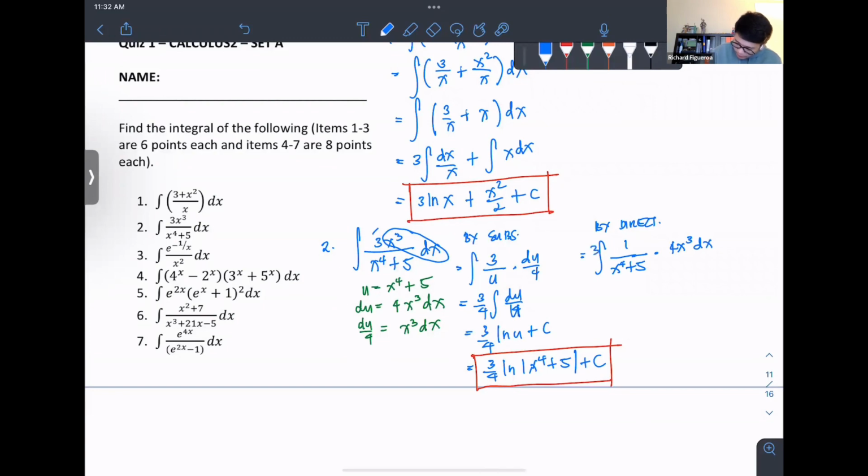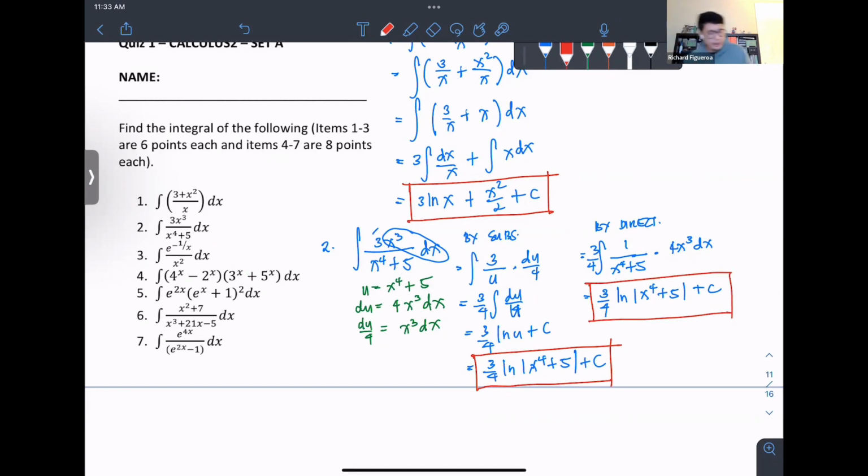We move out 3 because that is constant. Then 1 over x to the 4th plus 5, and its derivative is 4x cubed. Comparing it with the original integrand, we are in excess of 4. Therefore, the answer would be 3/4 ln of x to the 4th plus 5, plus c. So that is by direct method.